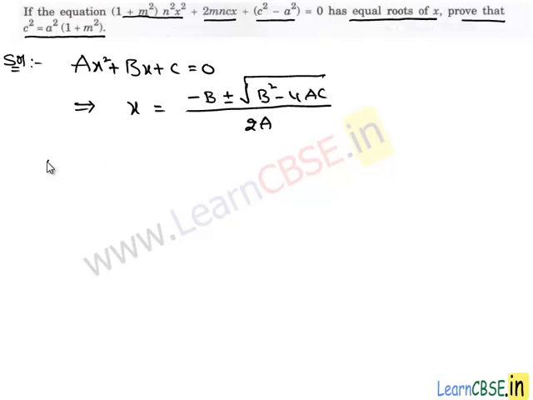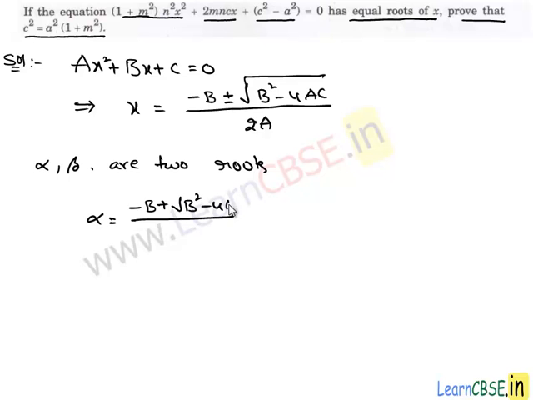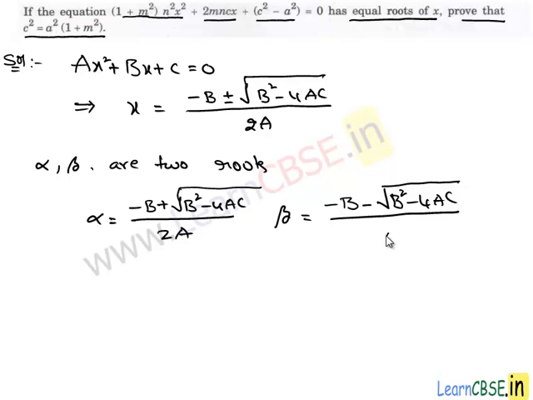If we take alpha and beta as the two roots, then alpha = (−b + √(b² − 4ac)) / 2a. Similarly, beta = (−b − √(b² − 4ac)) / 2a. Here we are given that the roots are equal, so alpha = beta.